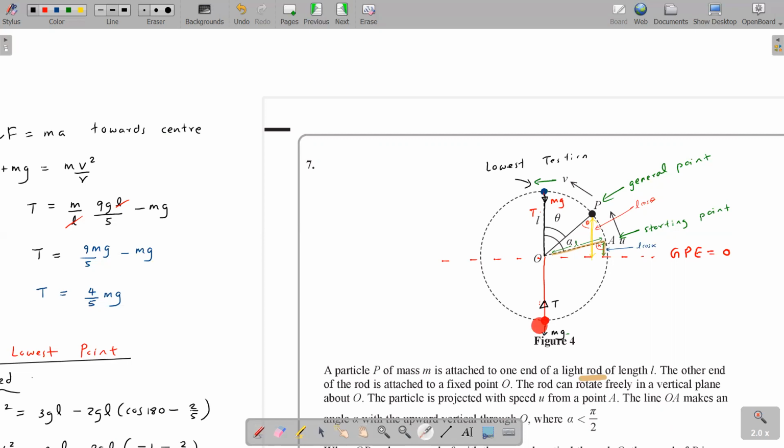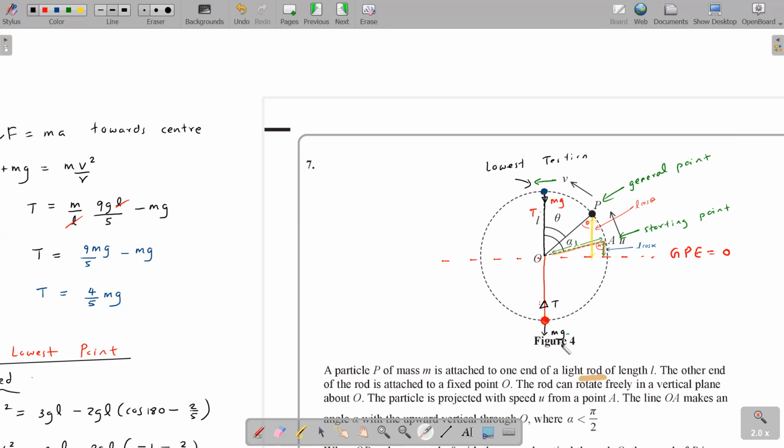And this is the place where you have the highest tension, because over here the tension is taking the entire weight on its own. Here tension and weight are sharing the load of the circular motion, but here the tension is taking the entire thing on its own.